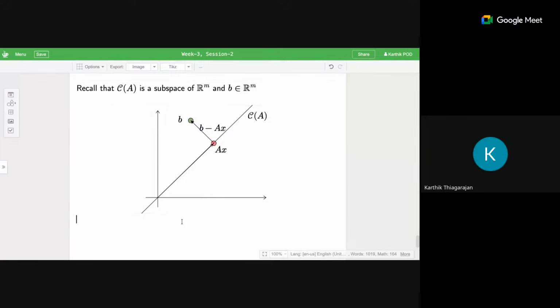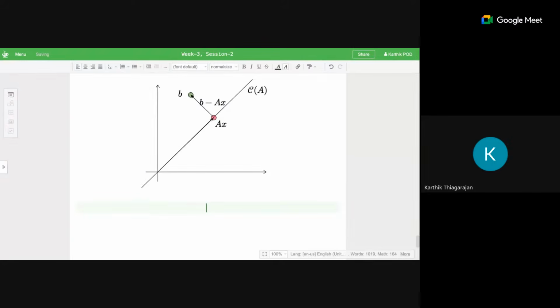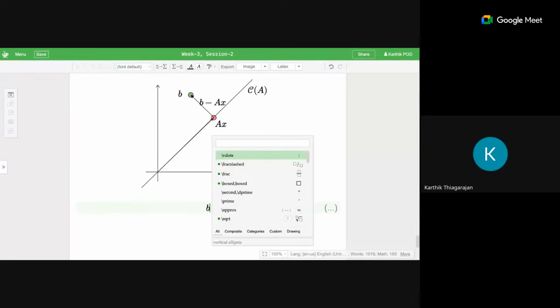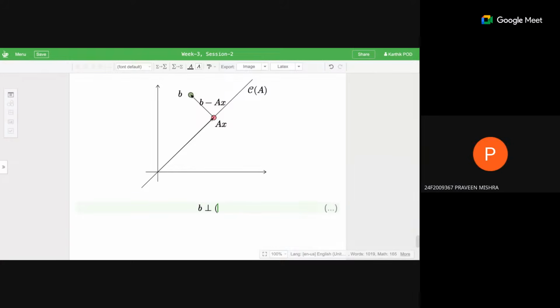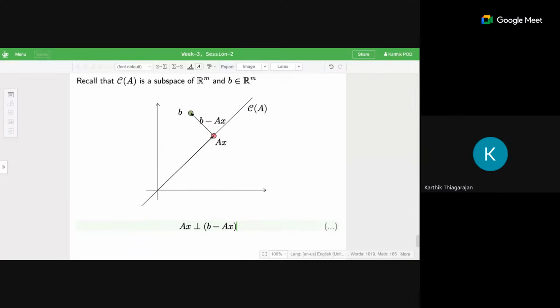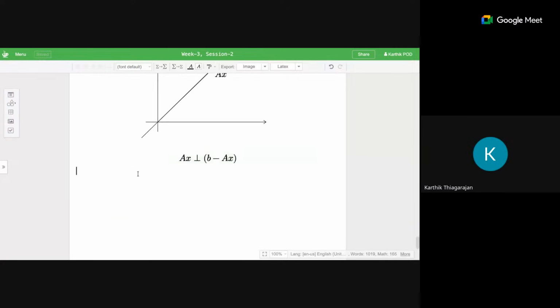So using the notation of perpendicularity, Ax is perpendicular to b minus Ax. These two vectors are perpendicular. If two vectors are perpendicular, their dot product is zero.